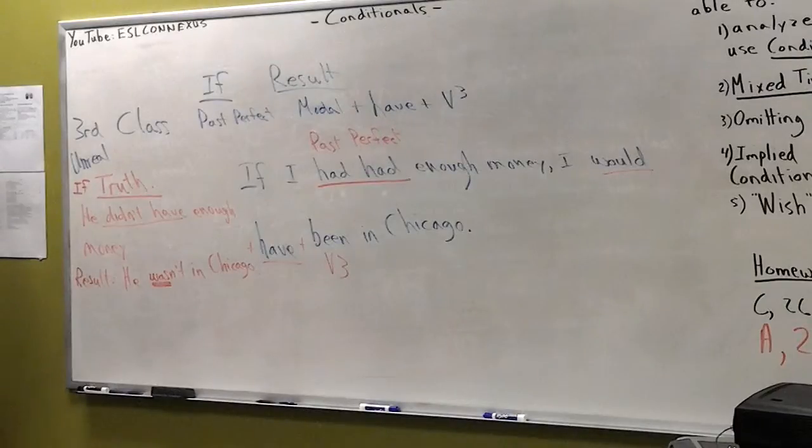What about the truth? You have to remember, with a condition you're always comparing it to the reality. We're talking about a reality in the past, okay? So we're using a third-class condition to create something that contradicts what happened in the past.